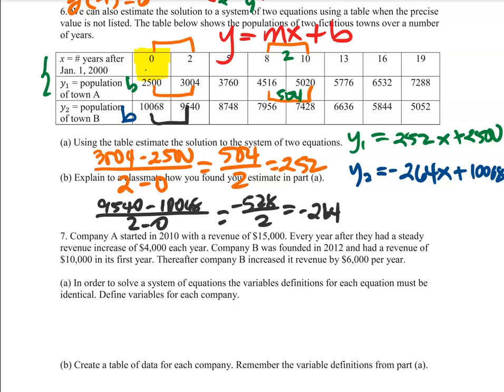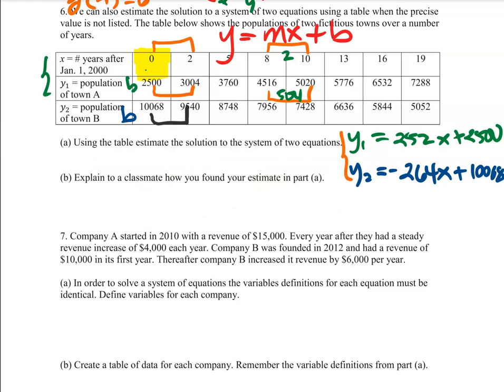Now letter B, explain how you find the estimate of the solution for this. So now we have these two equations. We can solve for x and y. So let's make them equal to each other. 252x plus 2500 equals negative 264x plus 10,068.